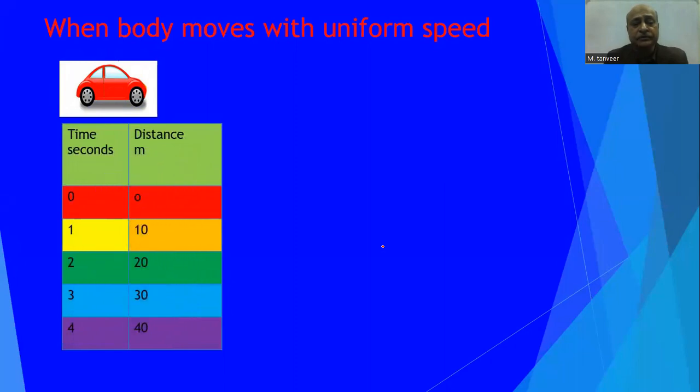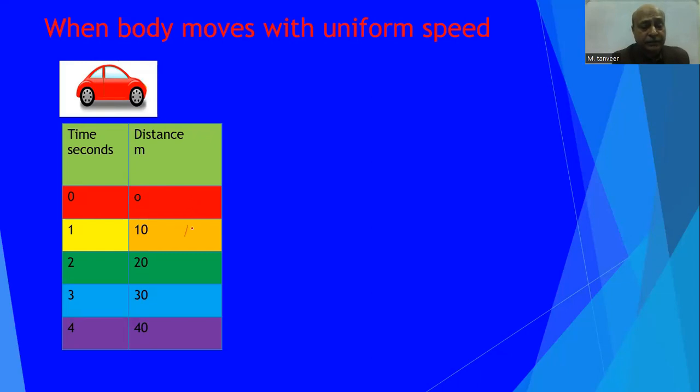0, 1 second, it has covered 10 meters. In 2 seconds, car has covered 20 meters. In 3 seconds, car has covered 30. In 4 seconds, car has covered 40 meters. But when you divide distance with time, you will get the same answer, since speed is distance divided by time.